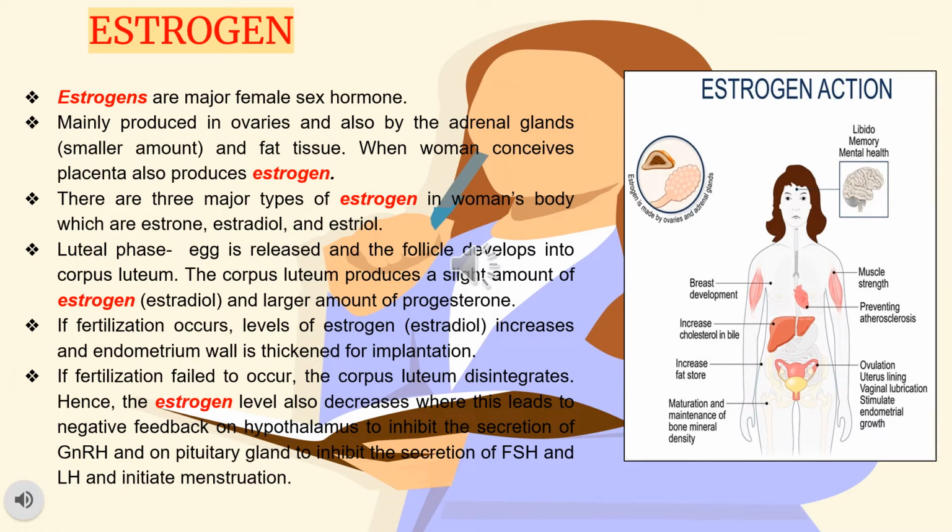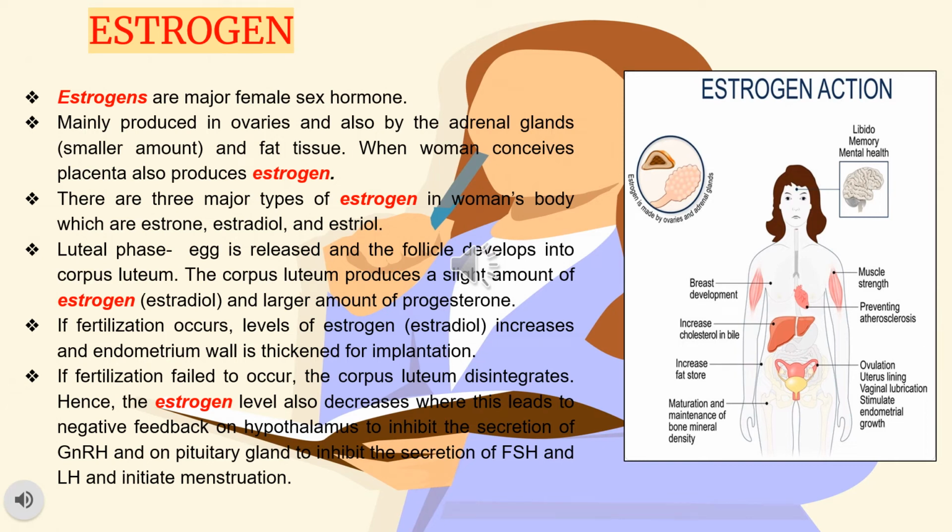Hence, the level of estrogen decreases and this leads to negative feedback on the hypothalamus and directly on the pituitary gland, where the hypothalamus inhibits the secretion of gonadotropin releasing hormone, which is known as GnRH, whereas the pituitary gland inhibits the secretion of follicle stimulating hormone, which is known as FSH, and luteinizing hormone, which is known as LH. Lastly, the menstrual cycle will begin.